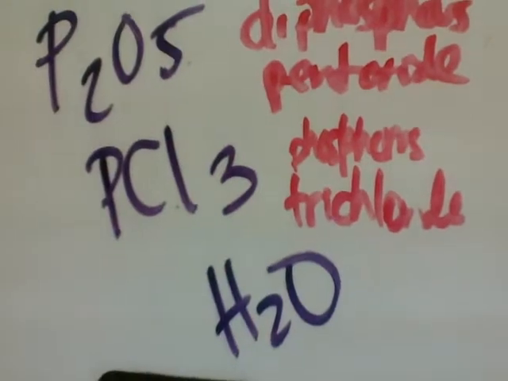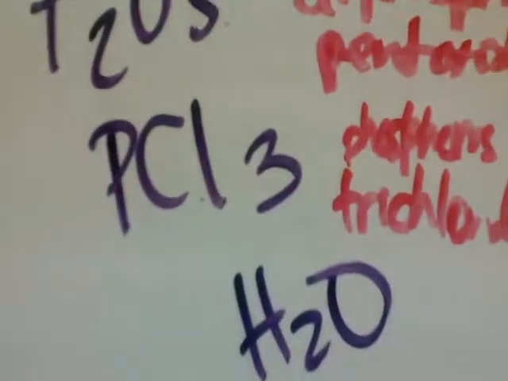So the name of PCl3 would be phosphorus trichloride. Tri meaning 3, and we have 3 chlorines.